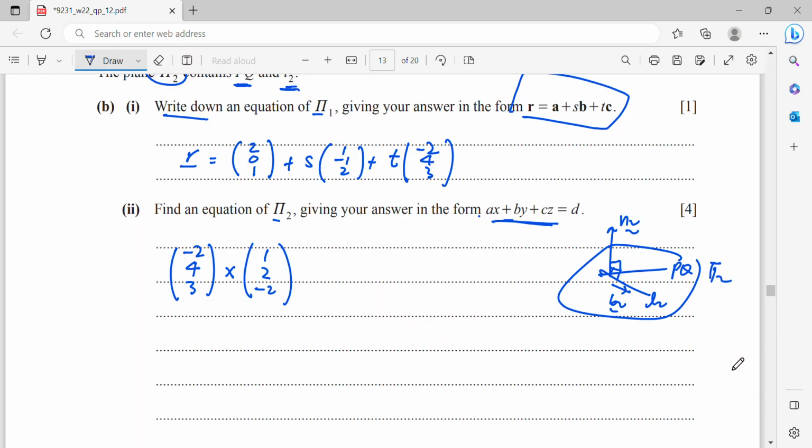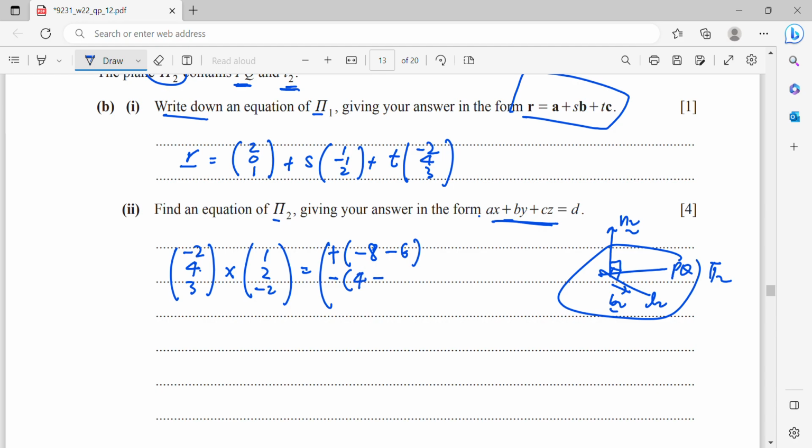So now, when we solve this cross multiplication, it will be plus of, you cover the first row, 4 times minus 2, I get minus 8. Then minus 3 times 2, it will be 6. Then minus second row, when you cover the second row, it will be minus 2 times minus 2, which is 4.